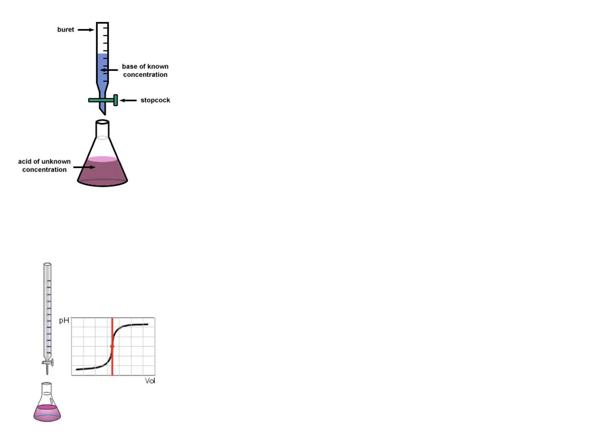Now, how do we know when we get to a pH of 7? Well, we would either have to have a pH meter that's in the Erlenmeyer flask the whole time so we can see what the pH is, or we would have to have some kind of acid-base indicator.